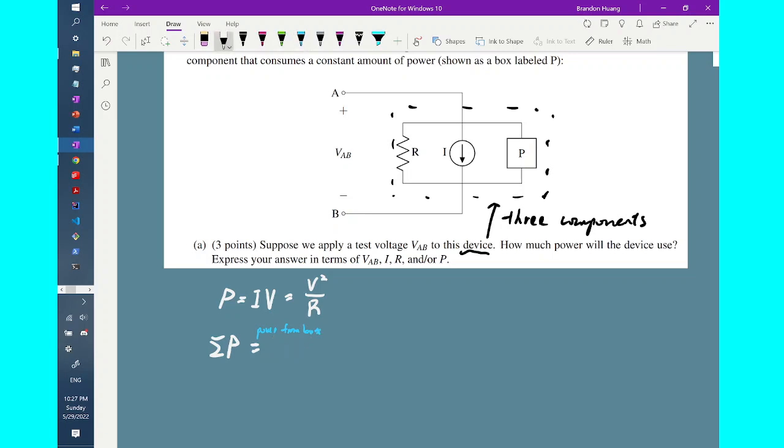Let's write this clearer. Plus, and then I'm going to calculate the power that this current source consumes. I know that P is equal to IV, so this should be equal to the current passing through the current source, which is the current that it supplies, times VAB, which is the voltage across it. So this is from the current source.